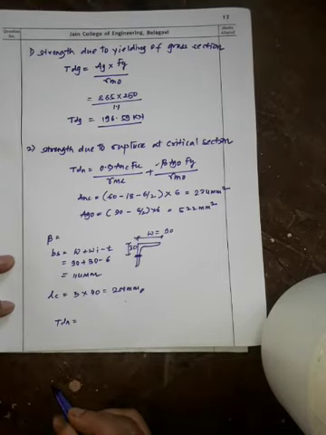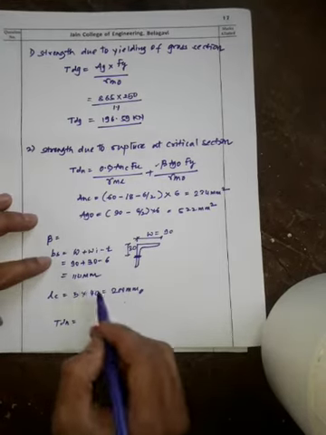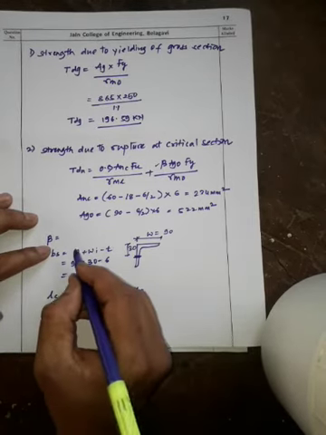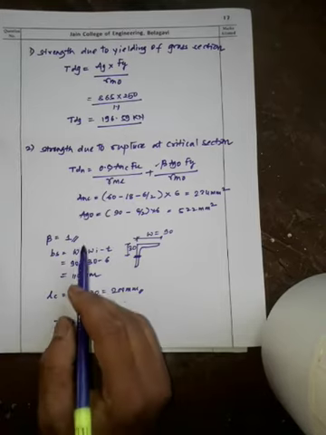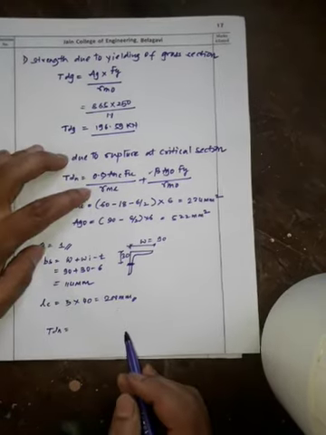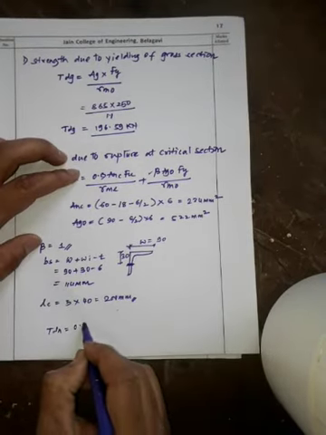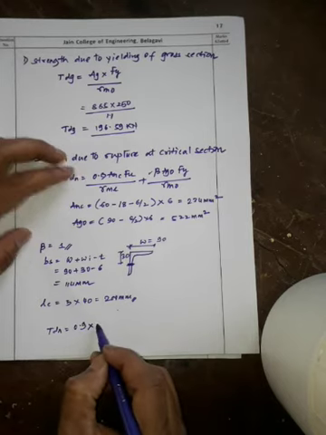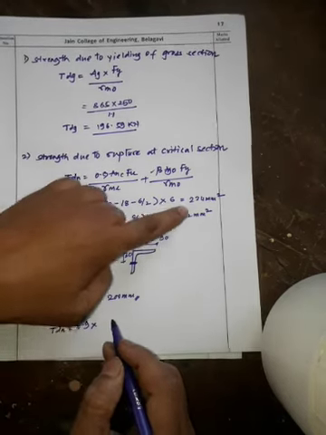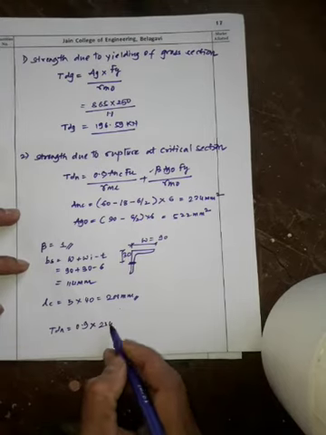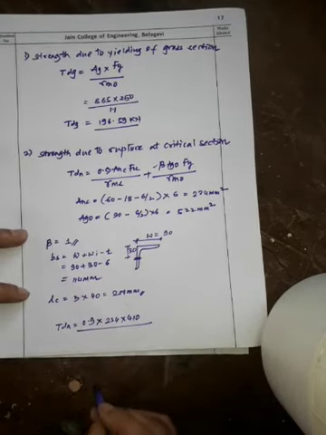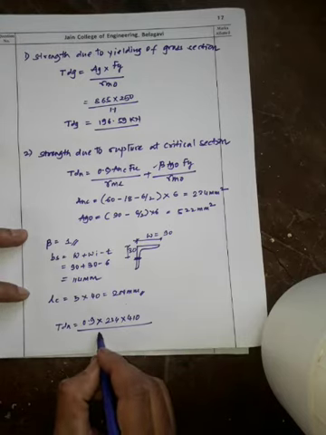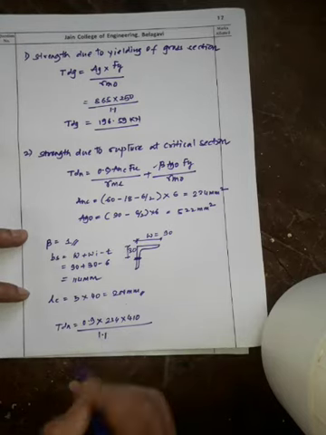By substituting all these things, I got beta is equal to 1. You can check your calculation. I got beta is equal to 1. So I'll substitute here: 0.9 into ANC, the area of the connected leg, 234, into Fu which is 410, divided by gamma m1 which is 1.1.